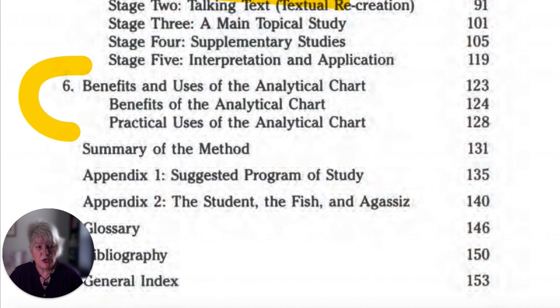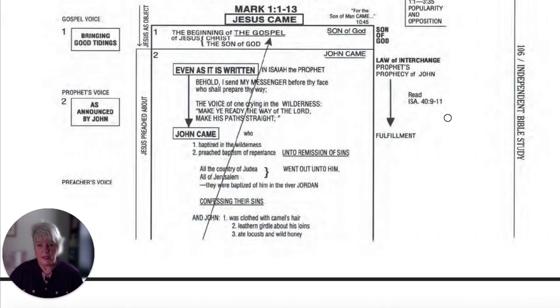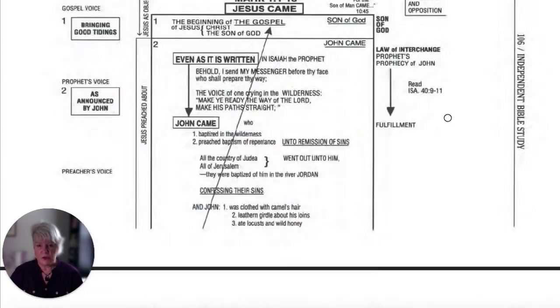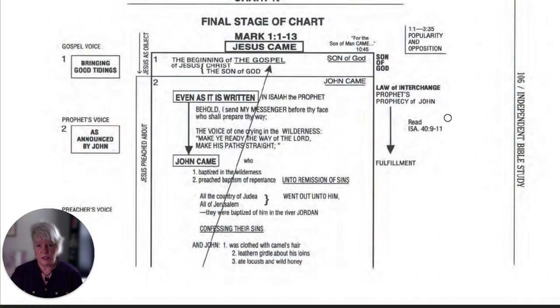Lastly, in this walkthrough, I want to show you why the Charts ebook is going to be so helpful to you as you go through the course. In this book, we're going to look at page 106. This page and the next page together constitute a chart of the segment of Scripture marked 1 through 13.